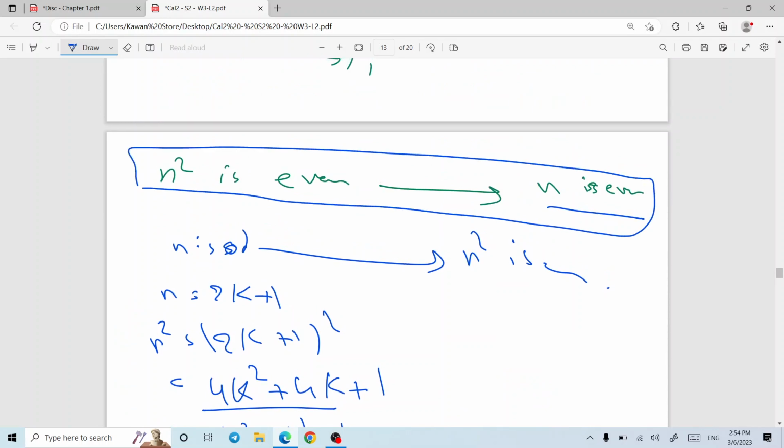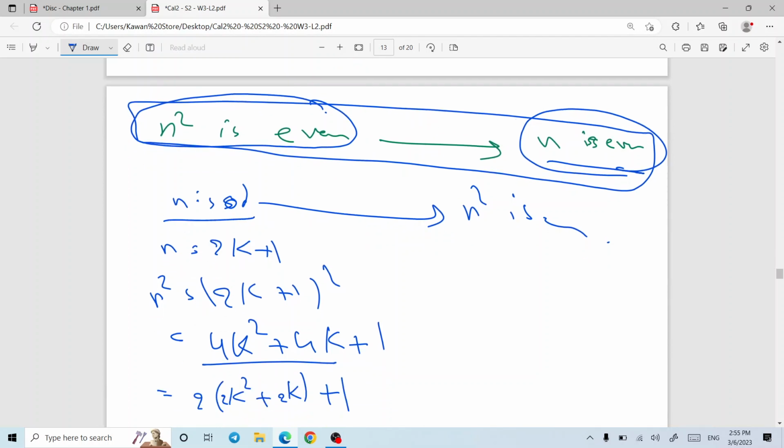N squared is even, show me N is even. We cannot directly solve it. So we change it to the contrapositive. We say N is not even, then we are going to show that N squared is not even. N is not even means that N is odd. Then we want to show that N squared is odd. You got it now?